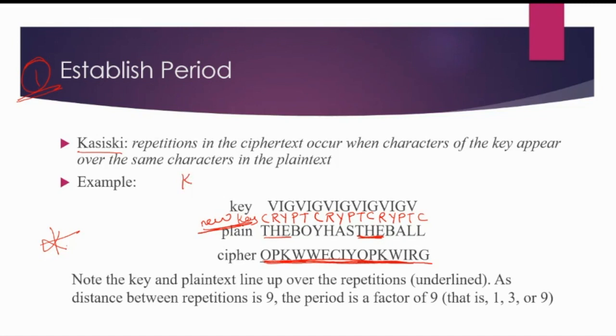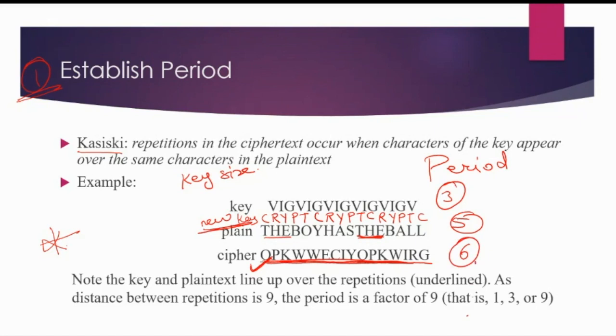So if the key size, or let me call it the period, is 3, then we get a similar pattern in the cipher text. If the key size is 5, or the period is 5, we get some other pattern. If the period is 6, we get some other pattern, and so on and so forth.